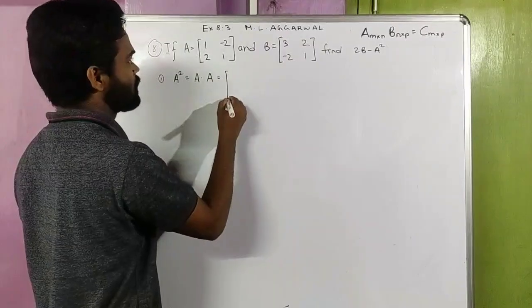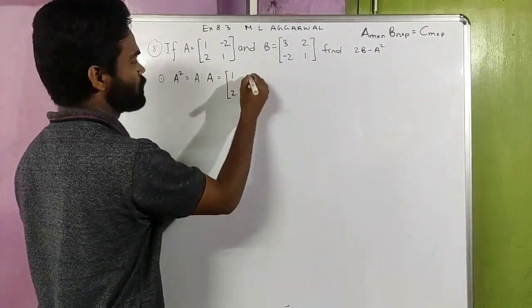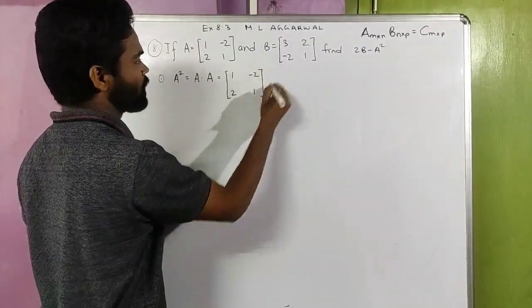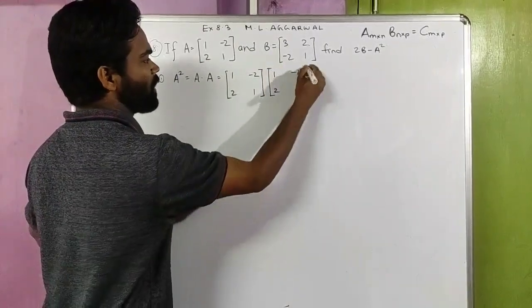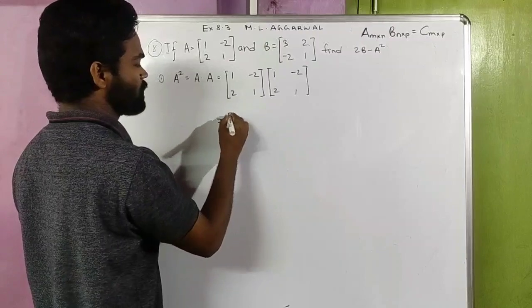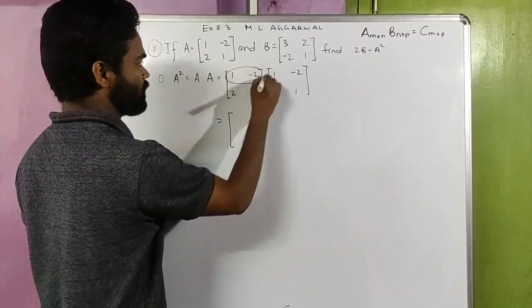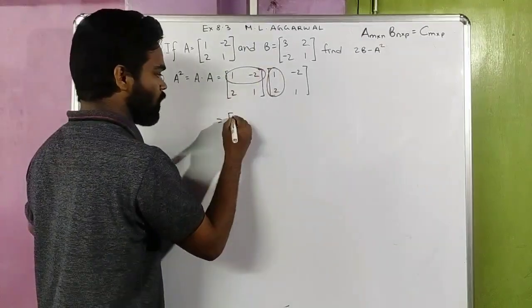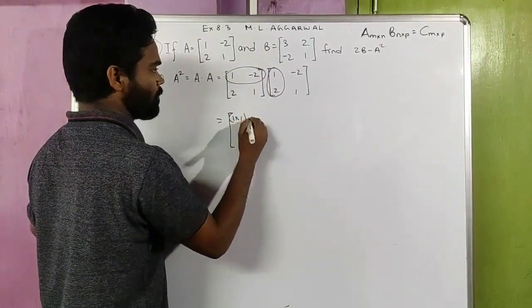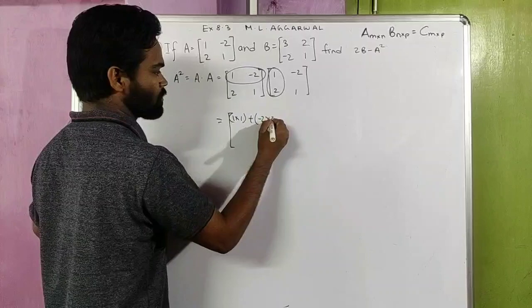So that's 1, 2, minus 2, 1, again 1. Now we know how to multiply this. This is a 2 cross 2 matrix. So first element will be first row, first column. It's always row and column. So 1 cross 1 plus minus 2 cross 2.